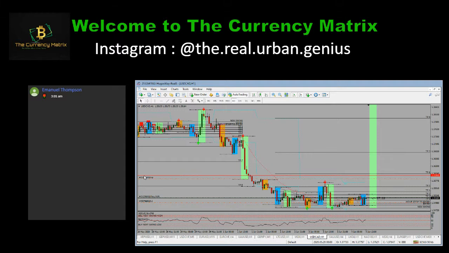So since that is 50 pips, I'm going to go ahead and make this an even 10 lot by taking two positions.